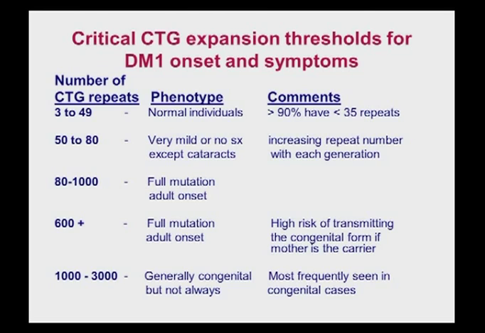Between 80 and 1,000, there's basically the full range of the disease, usually adult onset. If you have over 600 repeats, you tend to have adult onset, but you have a greater likelihood of your child having congenital onset. And typically, if there are over 1,000 repeats, then it's most likely to be congenital onset, although there are a few cases of adult onset that are greater than 1,000.